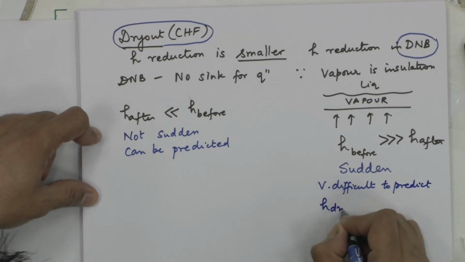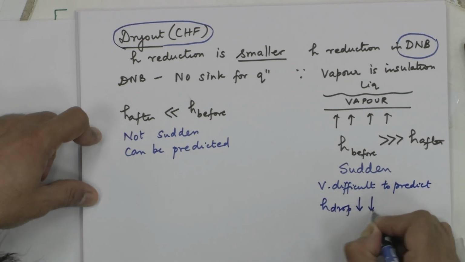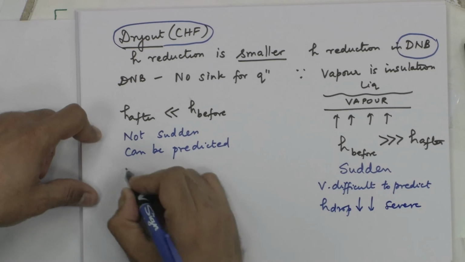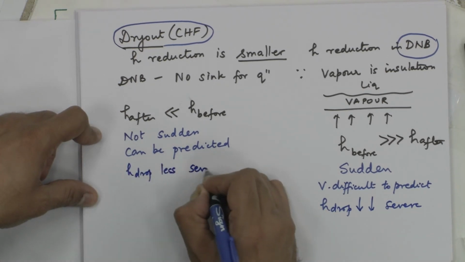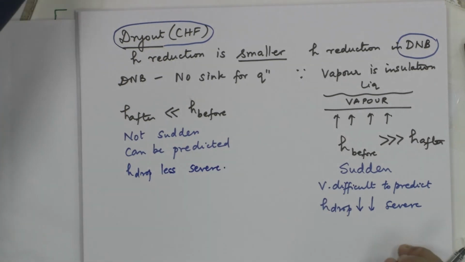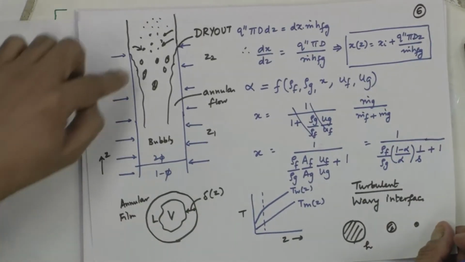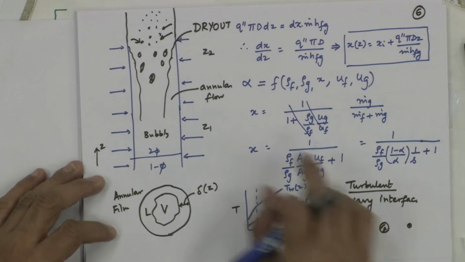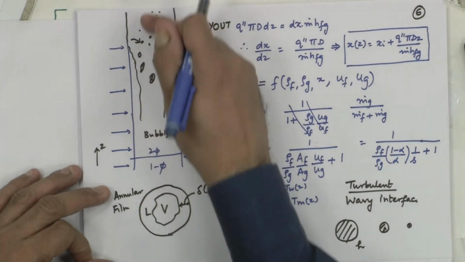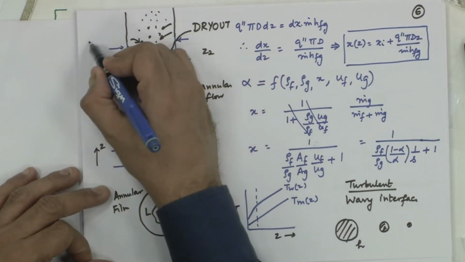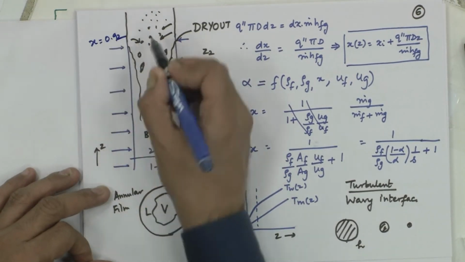H drop, very severe. H drop, less severe. Why? Because I have a sink in the form of liquid droplets which are going to evaporate and carry away the heat. So, until I reach complete vapor, so this could be x equal to 0.92 or something where this happens.